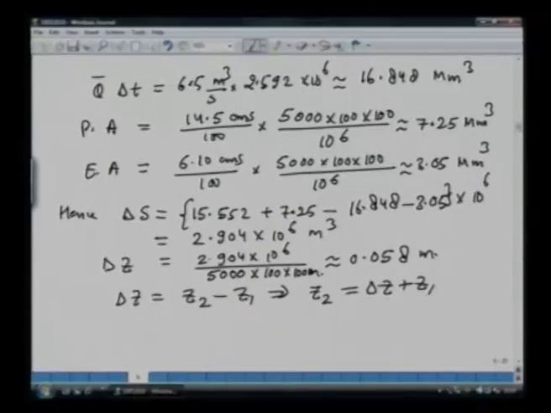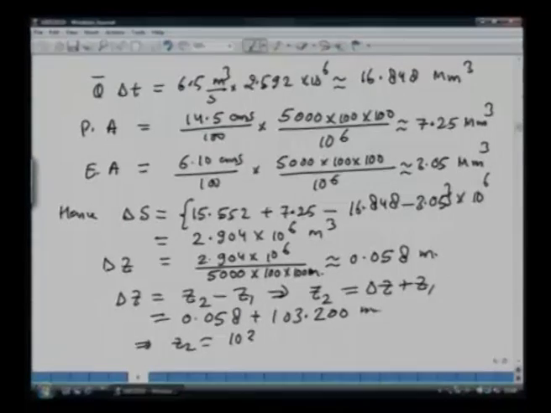So it will be equal to 0.058 plus the initial level, which was 100.200 meters. That would mean your Z2 is 103.258 meters.